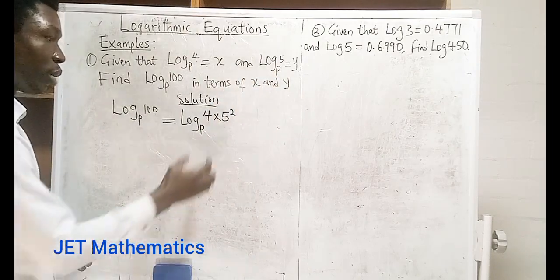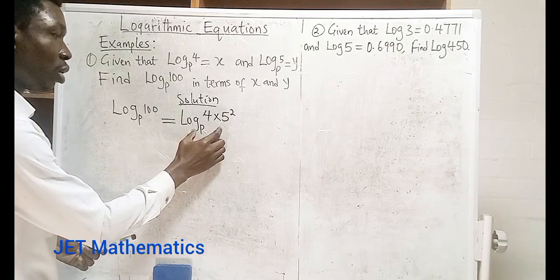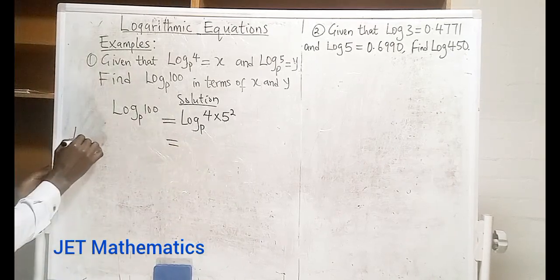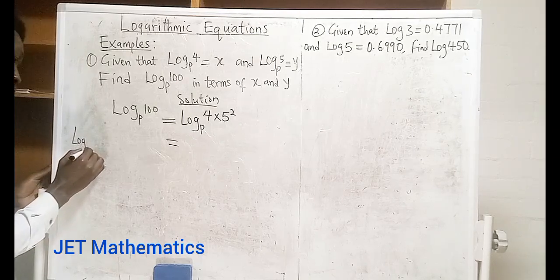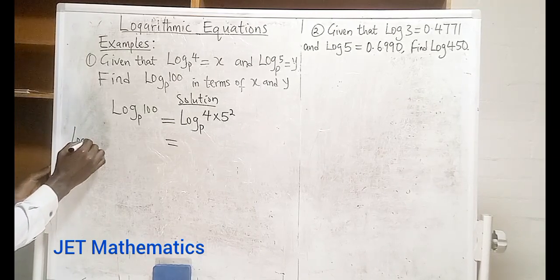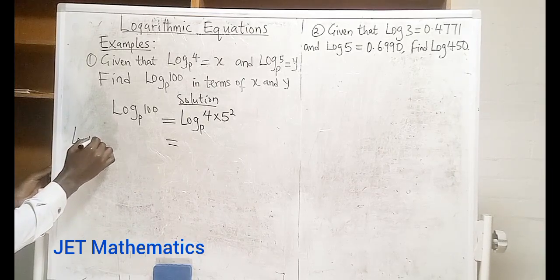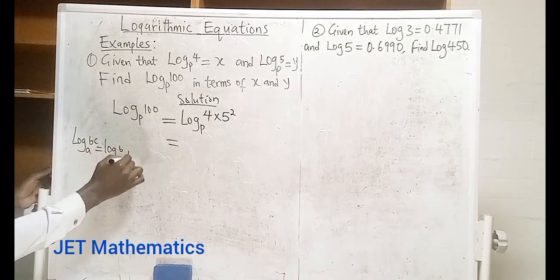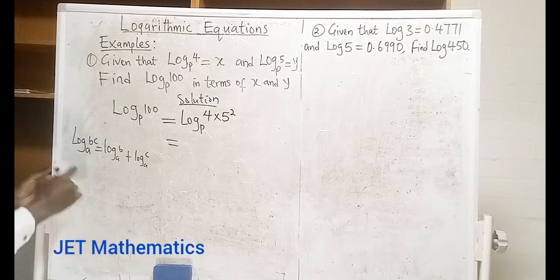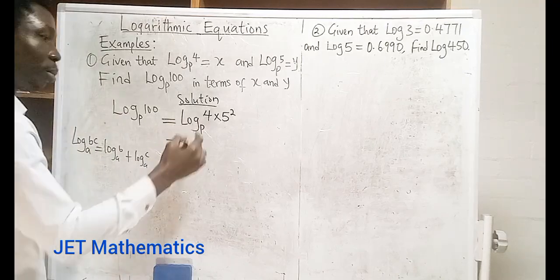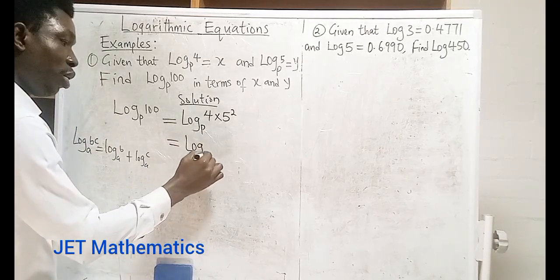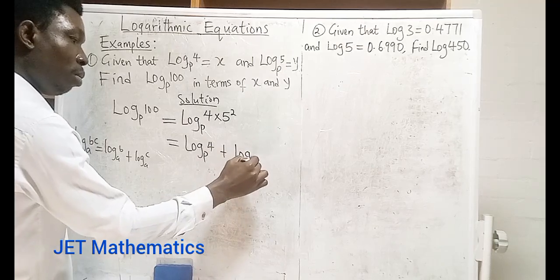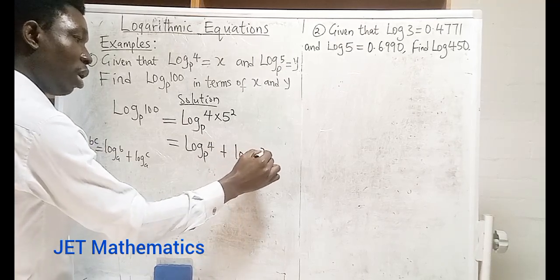Okay, so we can break this using our laws of logarithm. If we have log a of b times c, we can separate them by saying this is log a b plus log a c, from the laws of logarithm. So we can separate this and say this is log 4 to base p plus log 5 squared to base p.